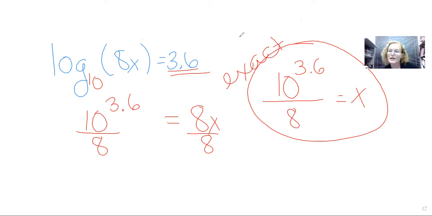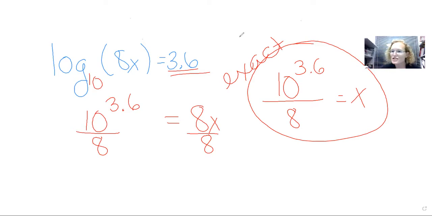Now, if we want our rounded answer, once again, grab a calculator. All right, the first thing you're going to do is say, okay, 10, and then remember that 3.6 is an exponent, so you're going to raise it to the 3.6 power. Now, if you do that, you should get roughly 3,981, a bunch of stuff after the decimal. But that's not all you needed to do. You needed to say 10 raised to the 3.6, and then you needed to divide that by 8.